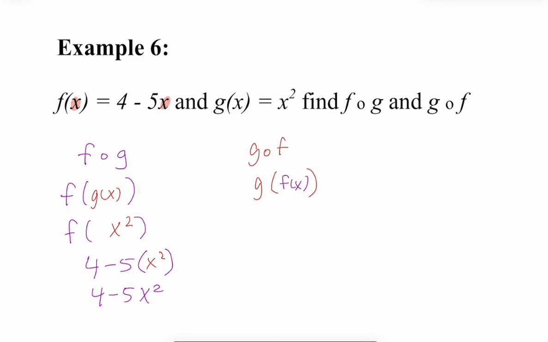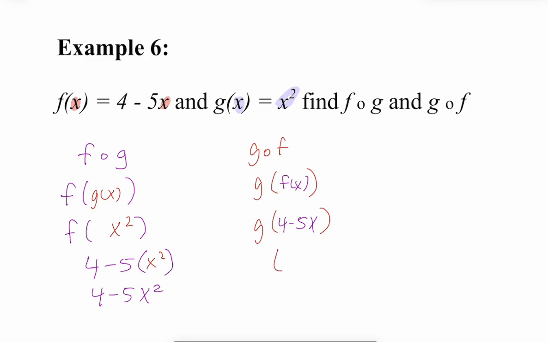Where the input is sitting in the g, we're going to replace that with the entire function. I would suggest writing the entire function down, and then we can ignore that because now we know what is being inputted into our g function.